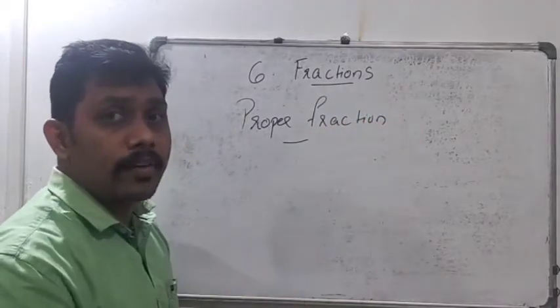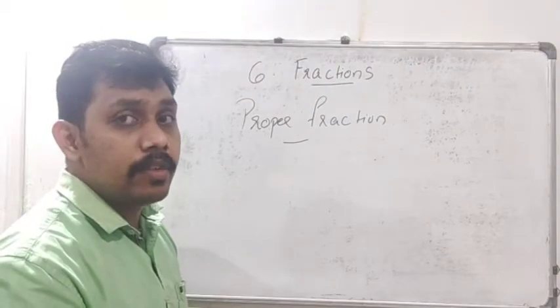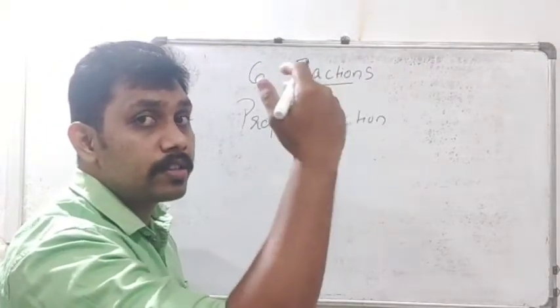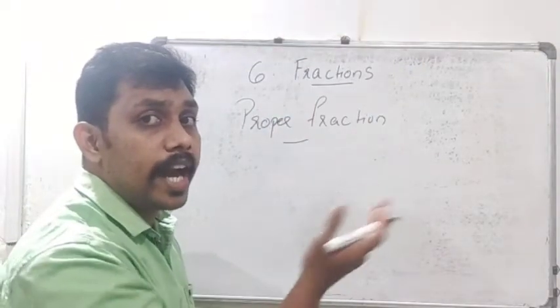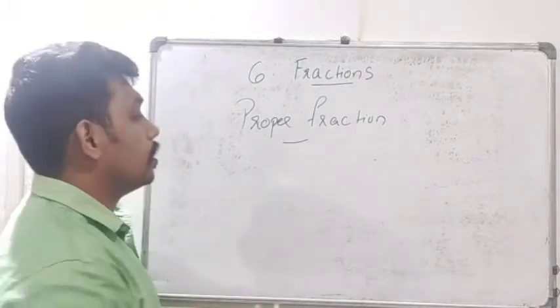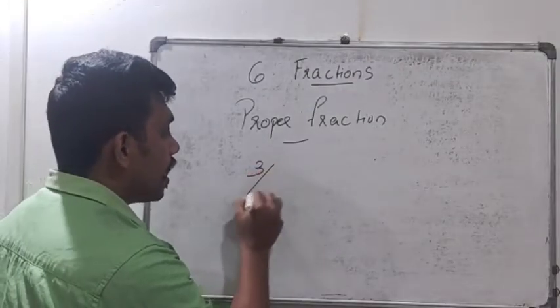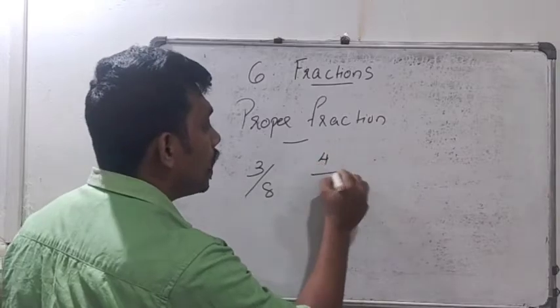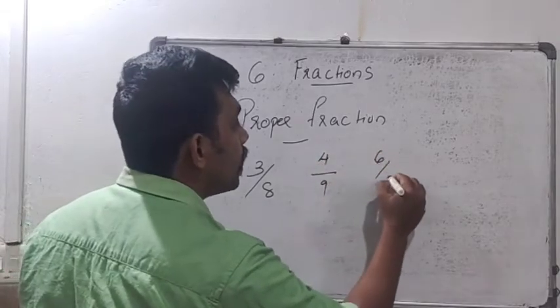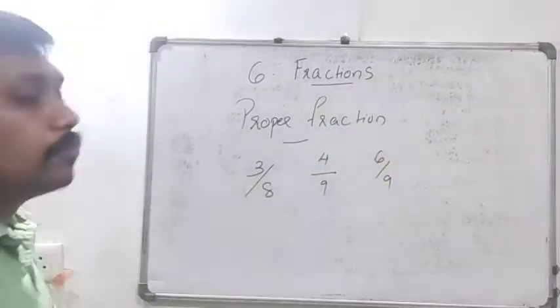We can write a fraction in which the numerator is on the upper part and the denominator in the lower part. So we can write 3 by 8, 4 by 9, 6 by 9. These are some fractions.